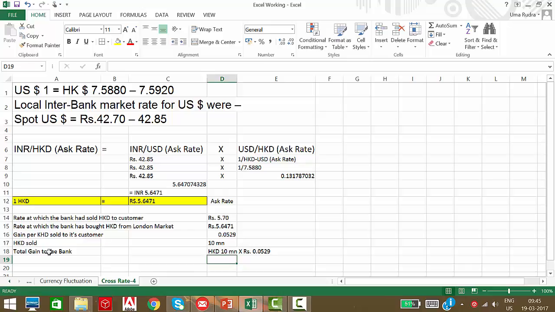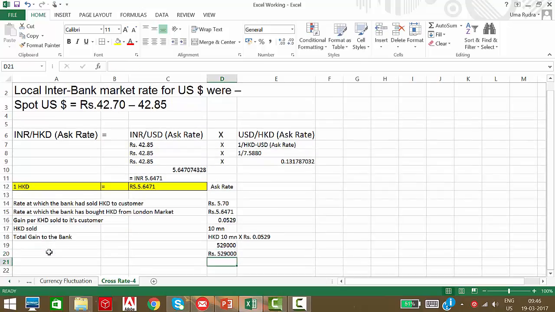Let me put the formula here. So this is 10 million into 0.0529. So rupees 5,29,000 is the gain for the bank. 529,000 rupees is the gain through this transaction.